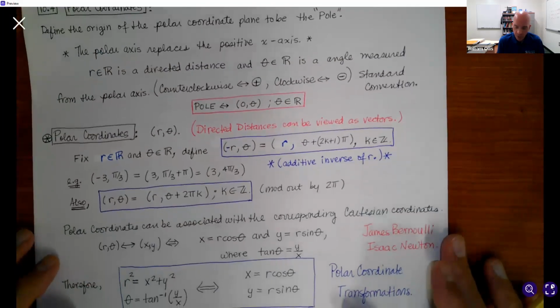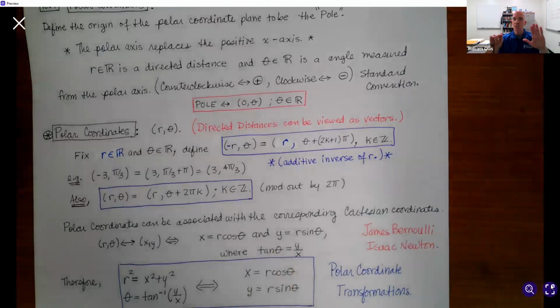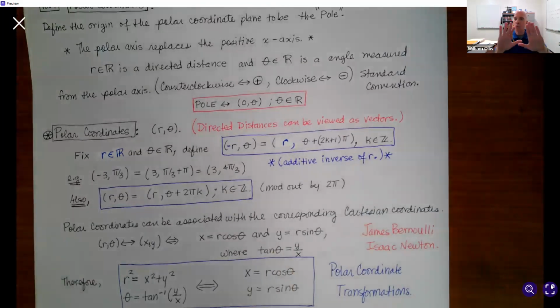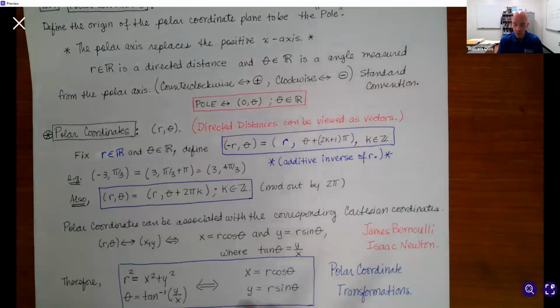Now, with the idea that we think of the Cartesian coordinate system as just being an overlay on the polar coordinate system, we have the very simple trigonometric ideas from the unit circle, which you already know from your study of trigonometry.